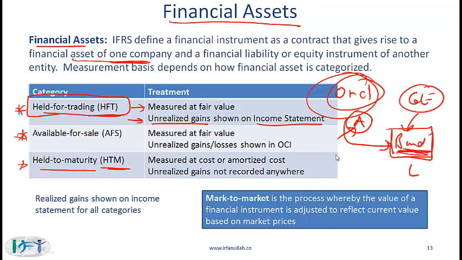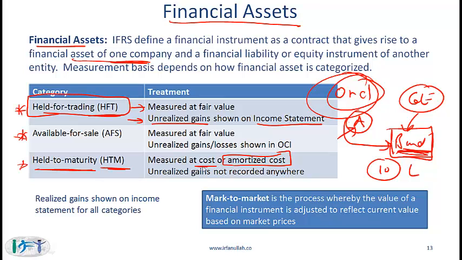If this is a 10-year bond and Oracle plans to hold this 10-year bond till maturity, then it is going to be classified as held to maturity. Here, the treatment on the balance sheet is to record the bond at cost or amortized cost. The concept of amortized cost will be discussed later.